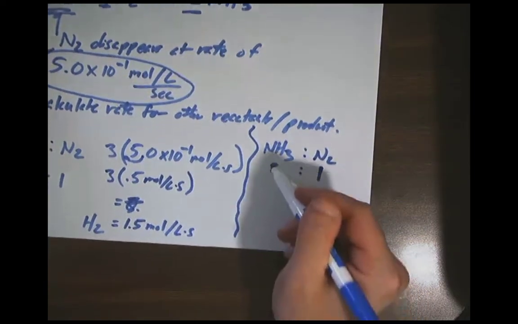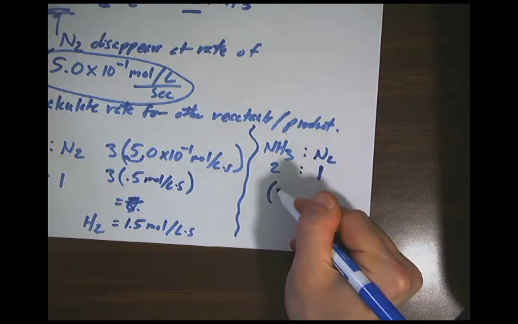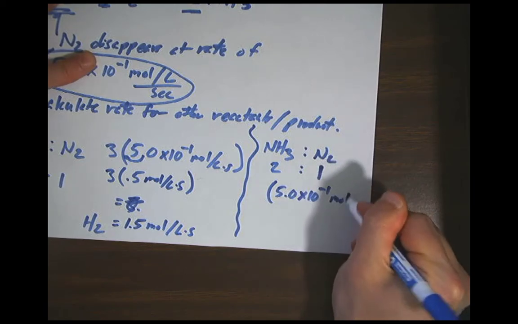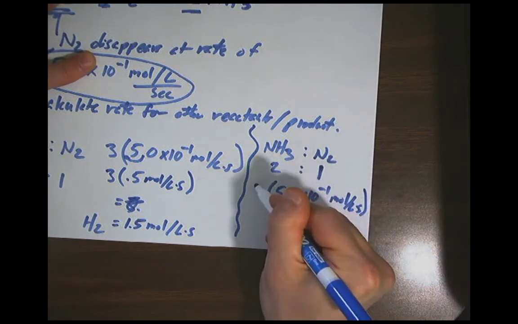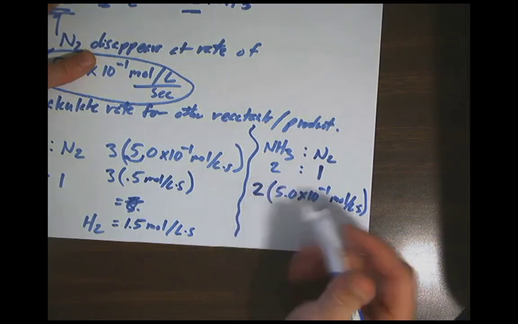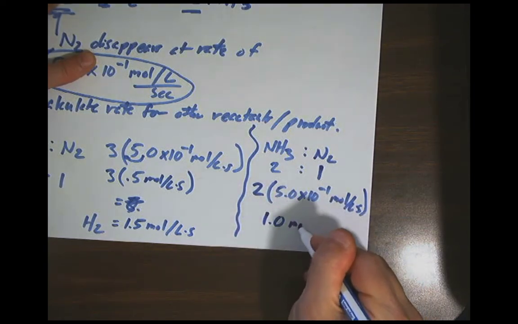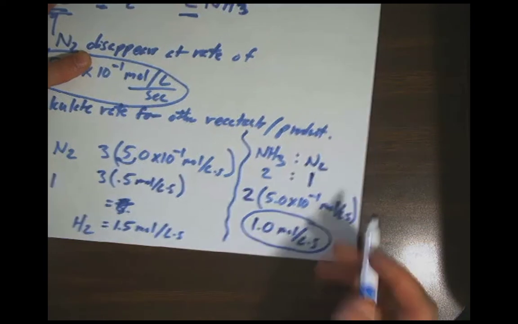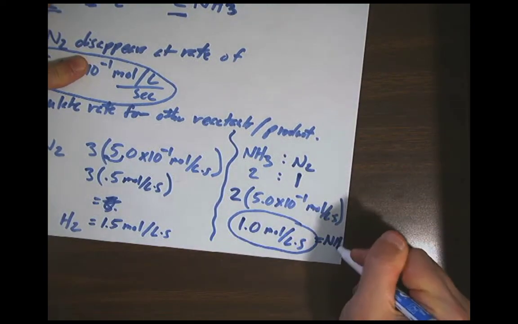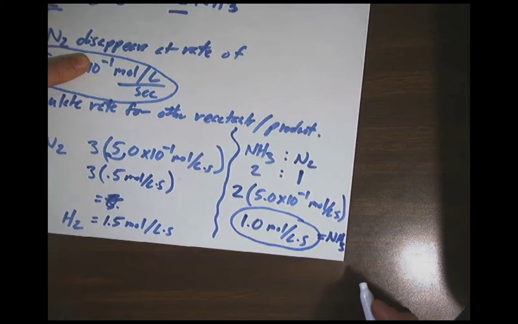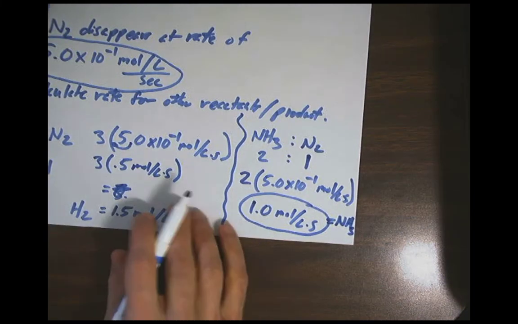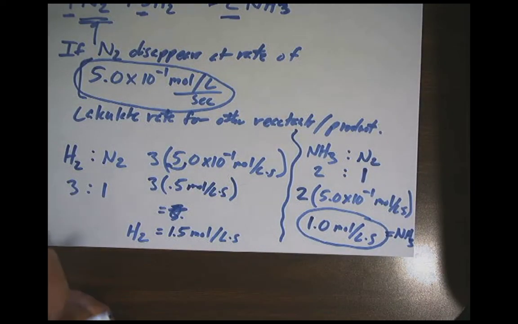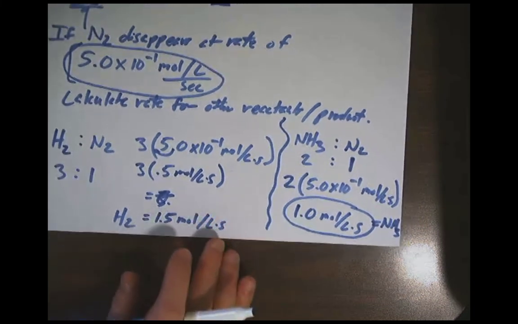So in other words, we have to take that same rate, that 5.0 times 10 to the minus 1 moles per liter per second, and multiply by 2 to get 1.0 moles per liter per second for the production of ammonia in this case. Okay. Hope that makes sense. I hope you can take that and apply it to the other problem in that reaction rate set. It's a different reaction, but the same kind of math.